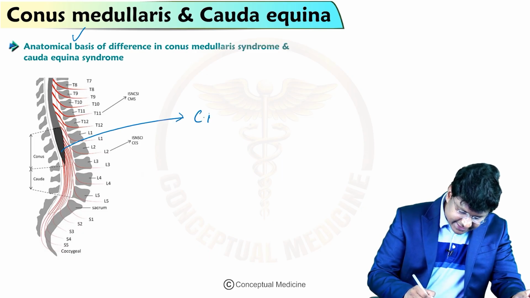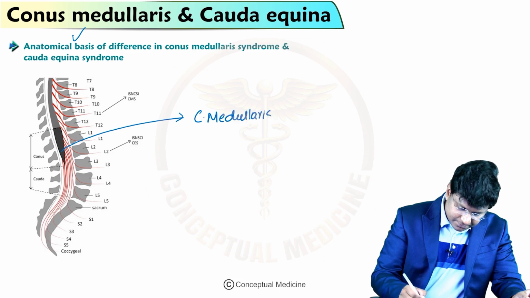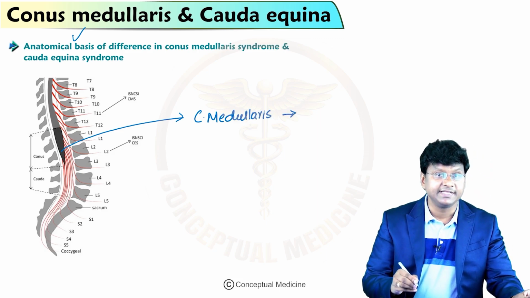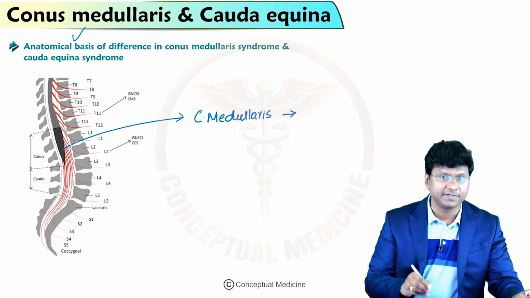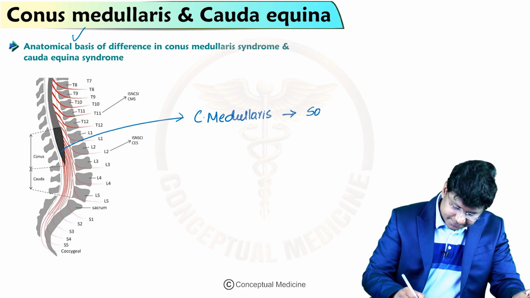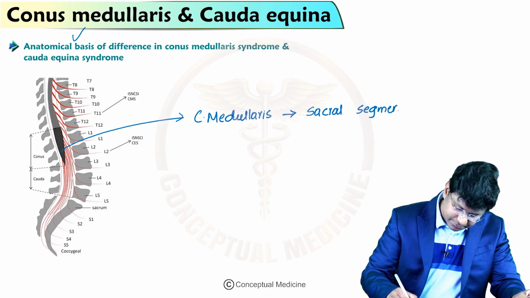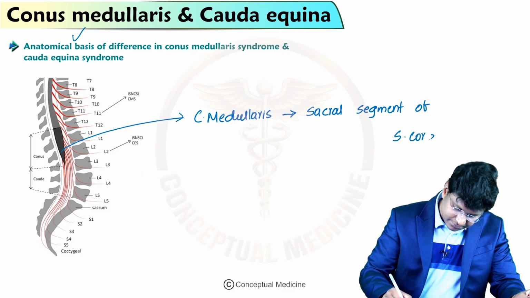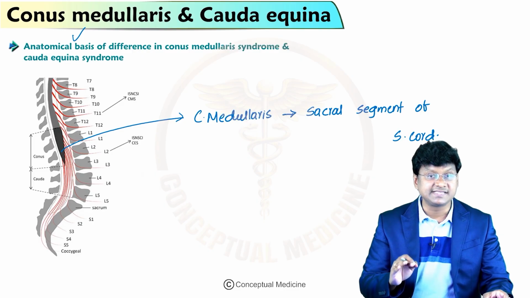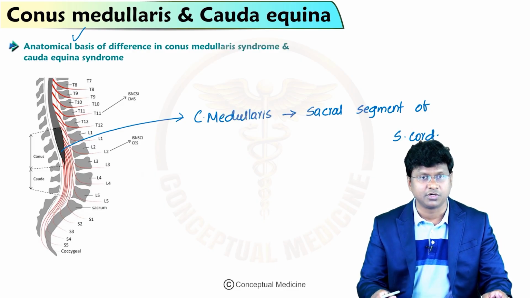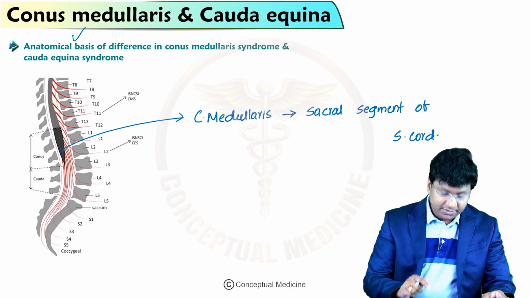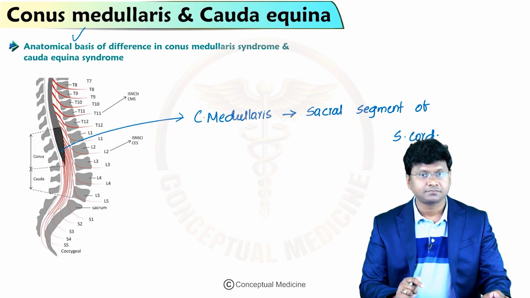The conus medullaris contains the sacral segment of the spinal cord. Right? Which one? The conus medullaris.